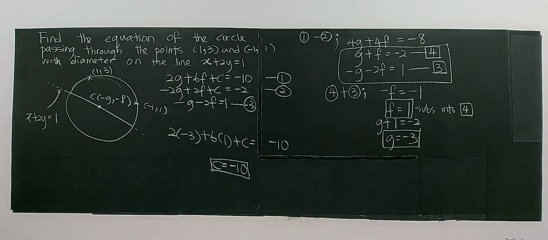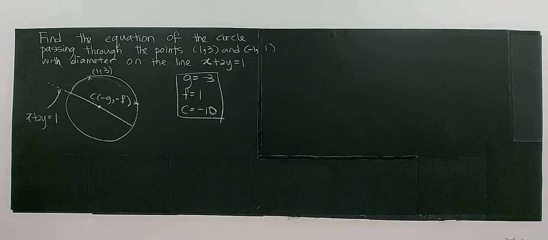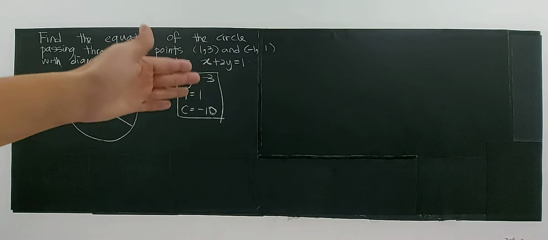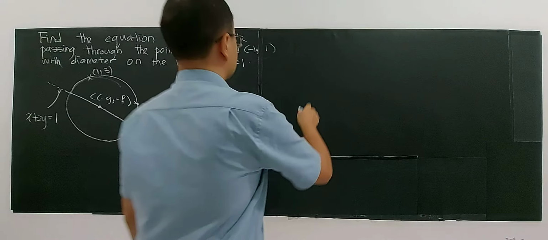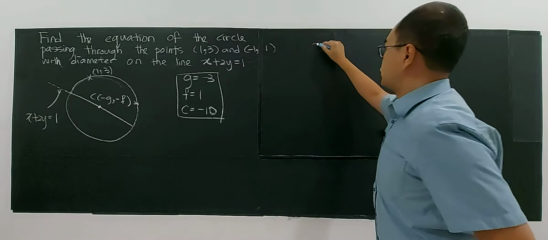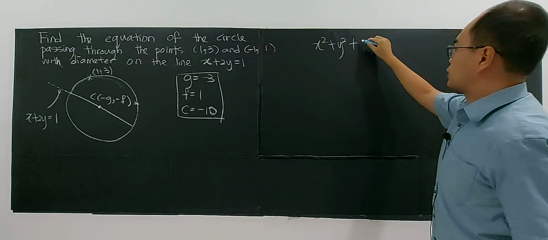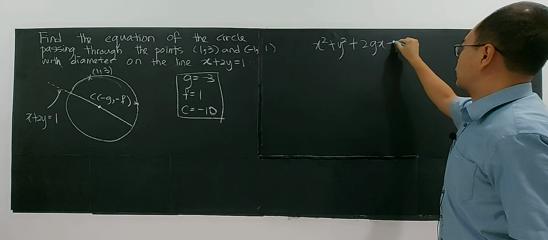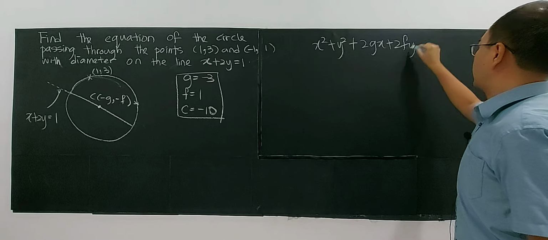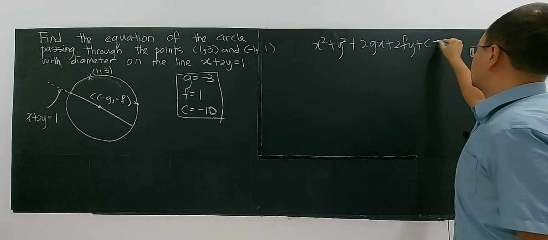All right, let's put it into the general equation of the circle. We have our g, f, and c. As you know, the general equation of a circle will be x squared plus y squared plus 2gx plus 2fy plus c equals 0.